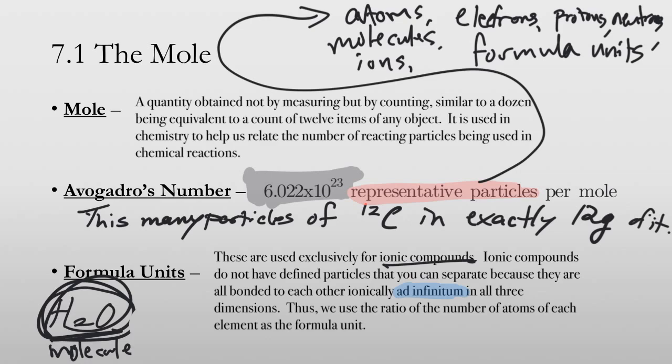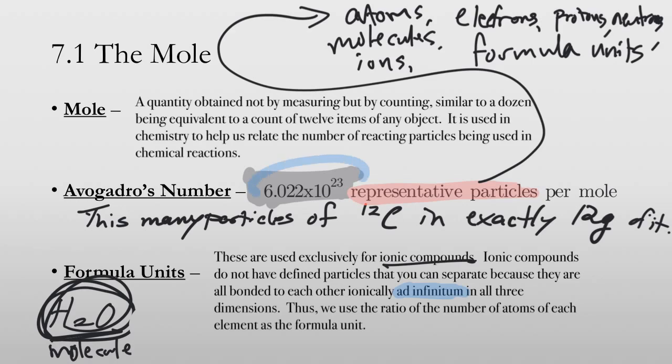So you'd have a sodium, a chlorine, a sodium, a chlorine, and so on and so forth until you finally reach the edge of that substance. Like if it's a salt cube, at the very edge of it, there's going to be maybe a chlorine that's by itself and nothing to the side of it that's on the outside of the salt cube. But we're talking so many particles, it's ad infinitum. It's not really infinity, but it's a huge number.